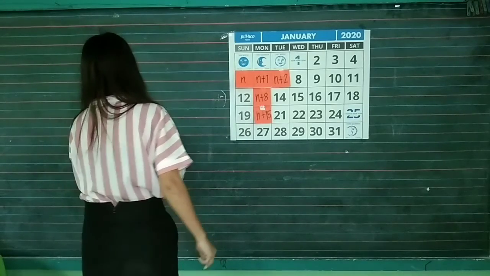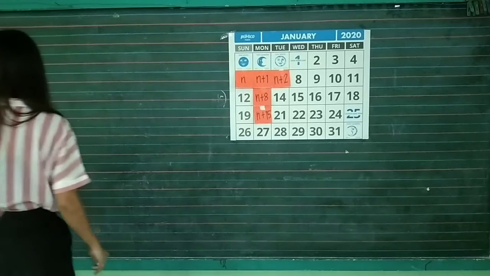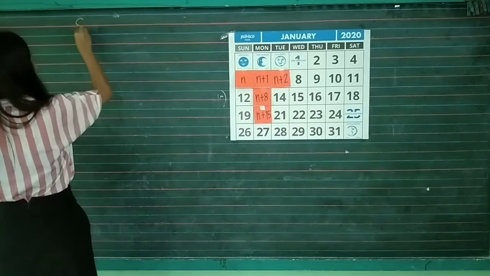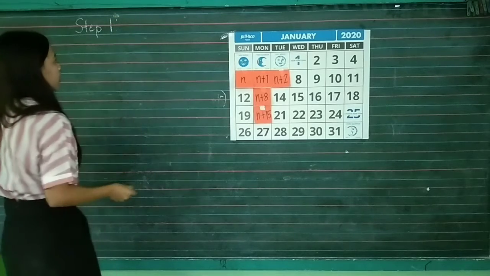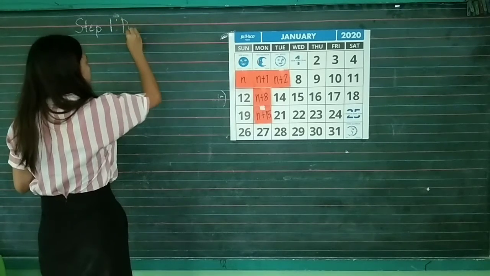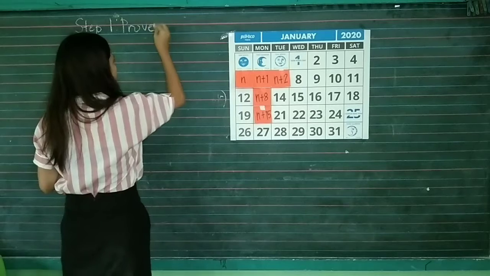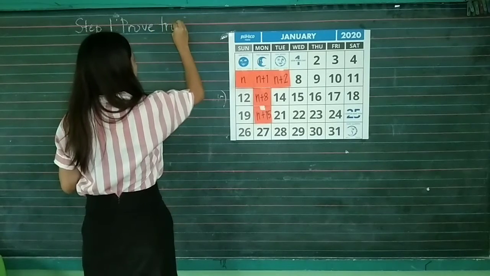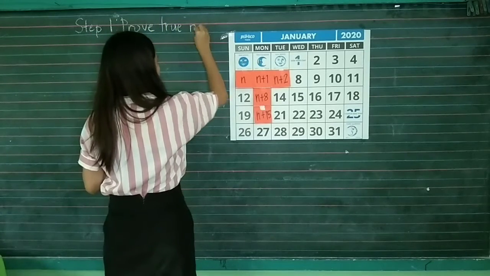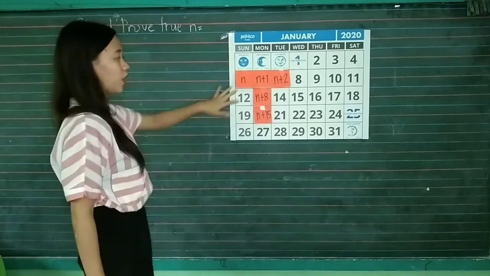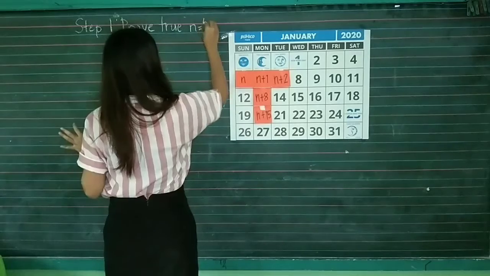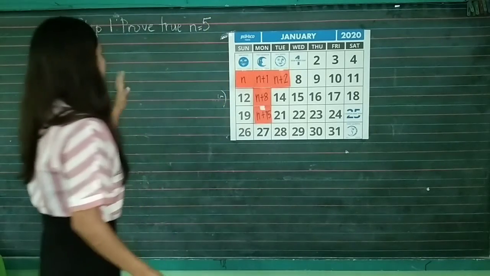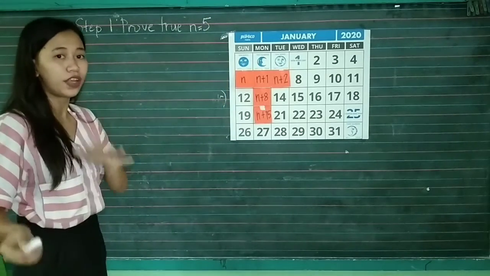So, first, step 1. What is our smallest number? Our smallest is 5. Okay. Let us use our general formula.